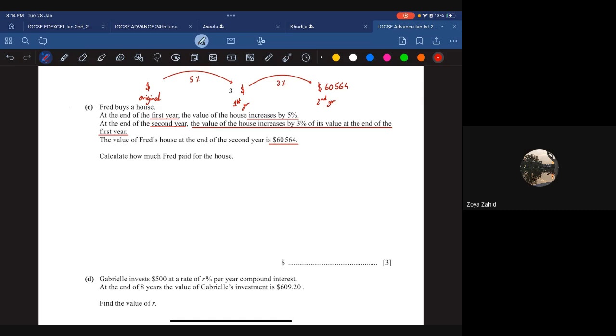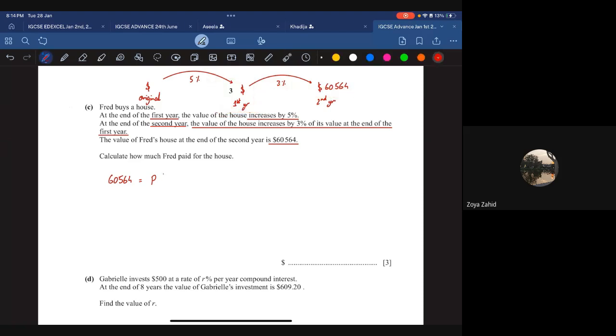The way Zoya is doing it is through compound interest, which is perfectly all right, because this is being compounded. So Zoya is telling me that the price at the end, 60564, is equal to the principal amount, which is obviously the amount at the end of the first year. Zoya was saying that if we assume there was a 3% interest increase, then the amount became this.